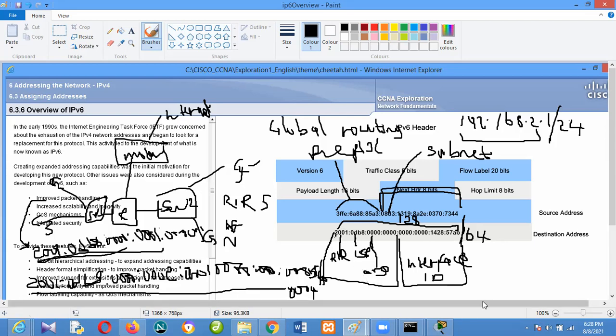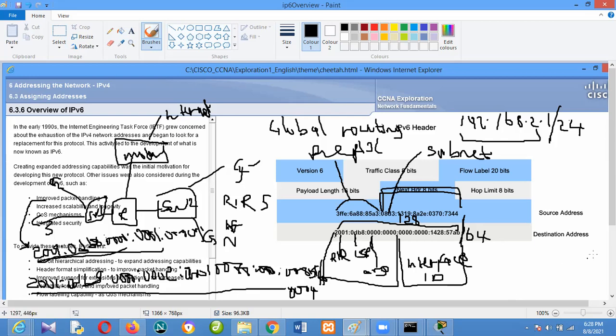Now, for you to use IPv6 on your network, especially on your router, you have to activate it on your router. IPv6 is not, what do you call it, it's not active in the router. You have to go to the router to activate it.